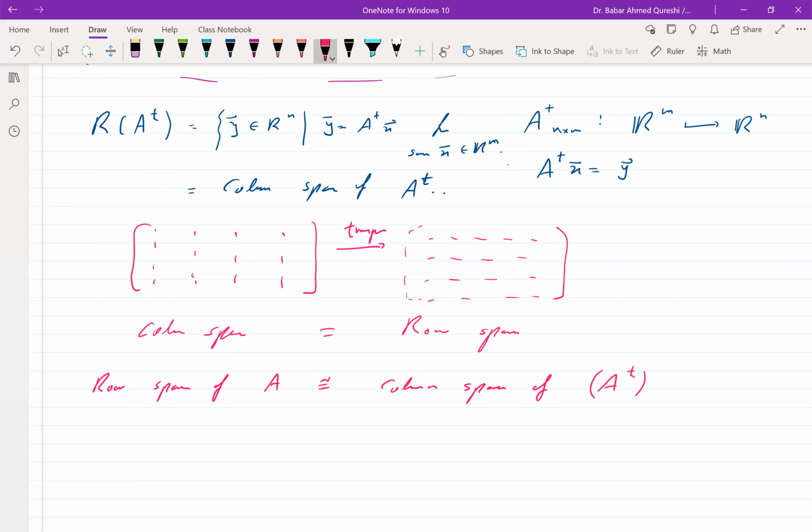In other words, you can say that y belongs to the range of A transpose, or in other words, y belongs to the column space of A transpose, if and only if y transpose, which is just y made into a row instead of a column, belongs to the row space, because the row space has row vectors.